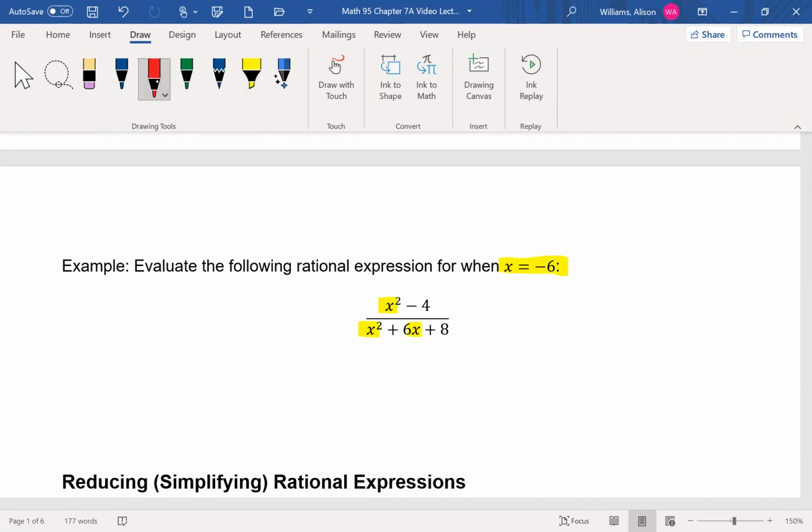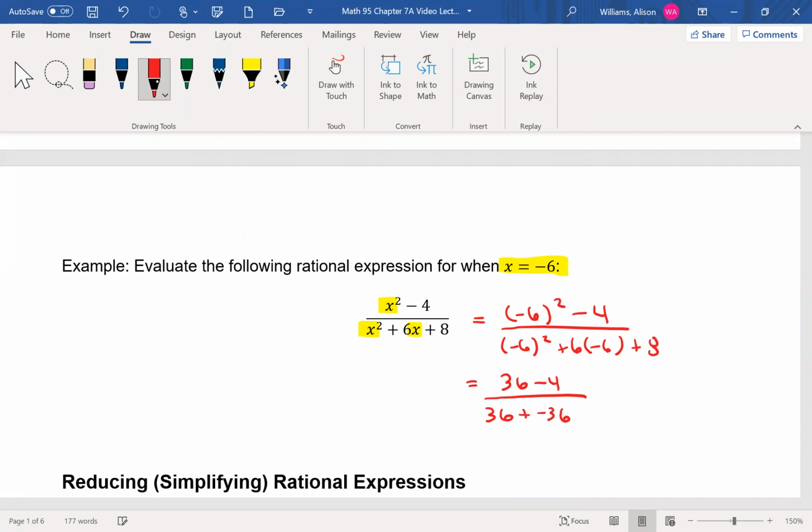So that's going to end up being -6 squared minus 4 over -6 squared plus 6 times -6 plus 8. Okay, so -6 squared is +36 because negative times negative is a positive. And that's the same also in the denominator here. And then 6 times -6 is actually -36.